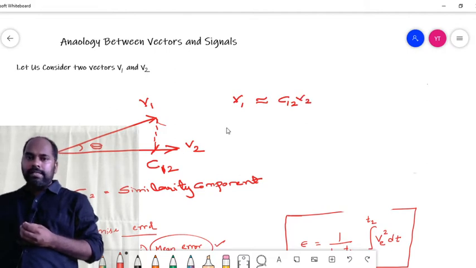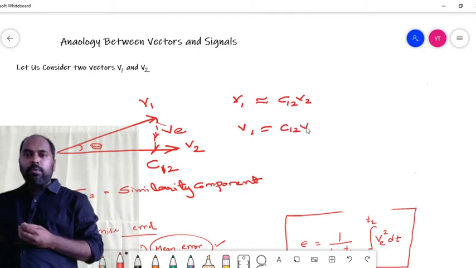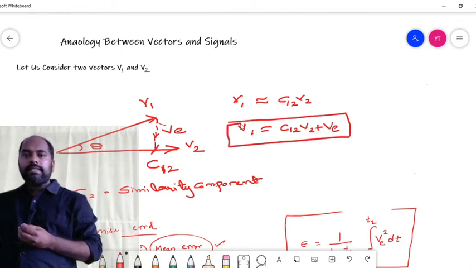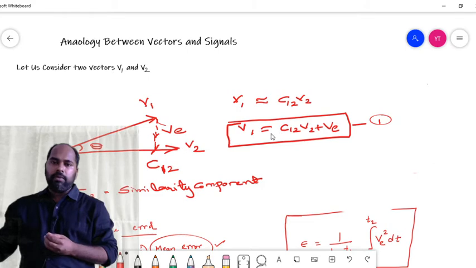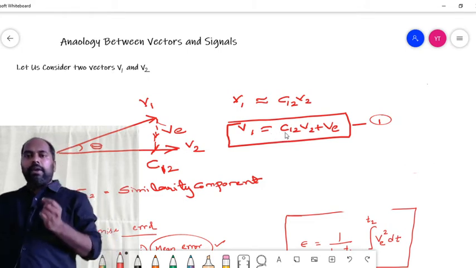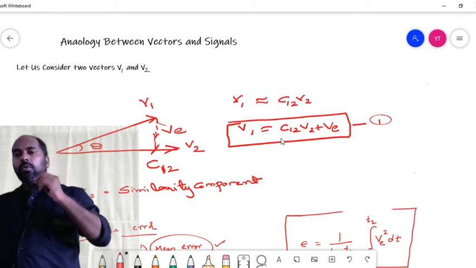Whereas I am going to consider this vector as VE. Therefore V1 is exactly equal to C12 V2 plus VE. Okay, this is the equation, whereas VE is the error vector, and C12 is the component of vector V1 onto V2.